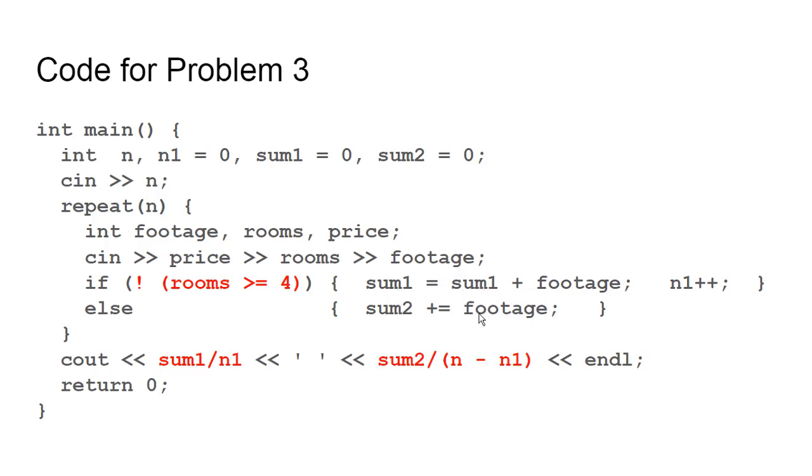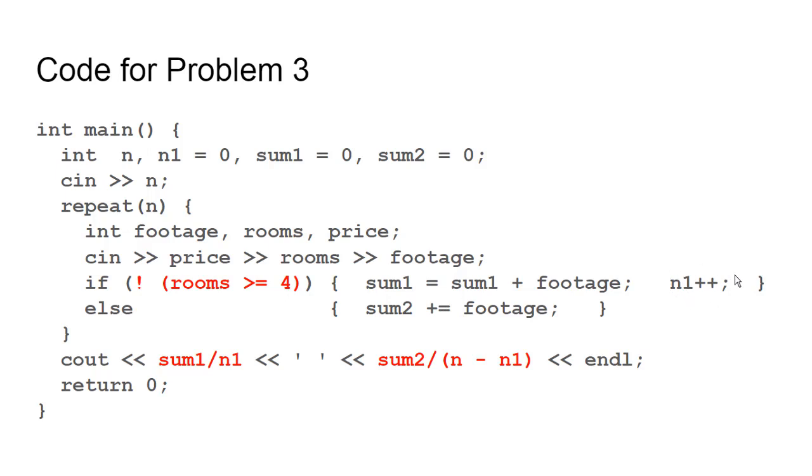For sum2, I introduce a new operator, plus equal, which is equivalent to sum2 equals sum2 plus footage. Because adding a value to a variable is so common, C introduced this syntax of plus equal, and C++ inherited that, and Java also did that.